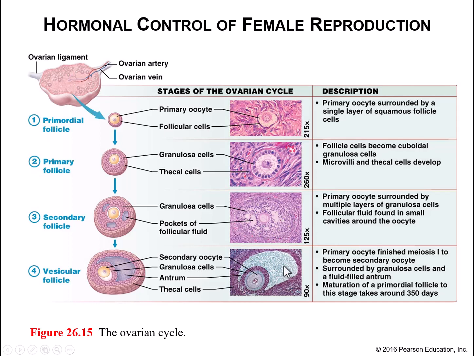And then in our vesicular or Graafian follicle, we have a large antrum filled with fluid and a dense layer of granulosal cells surrounding the secondary oocyte. These outer cells are our thecal cells in our mature follicle.